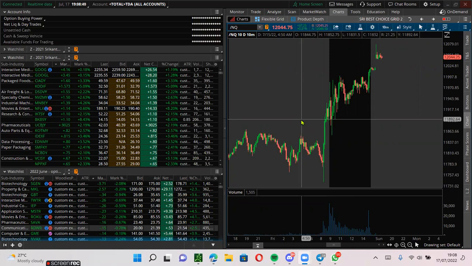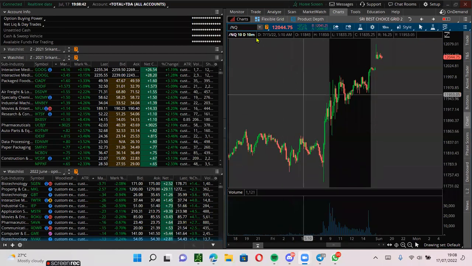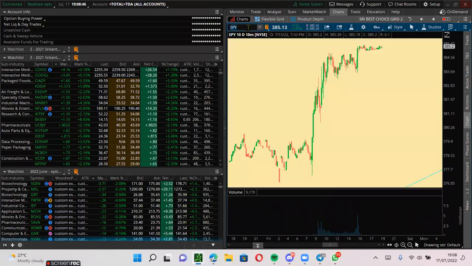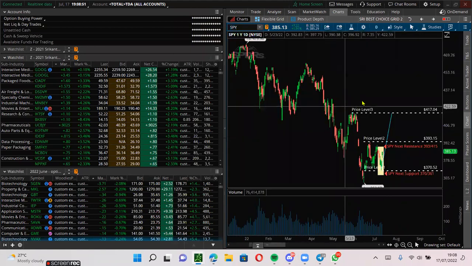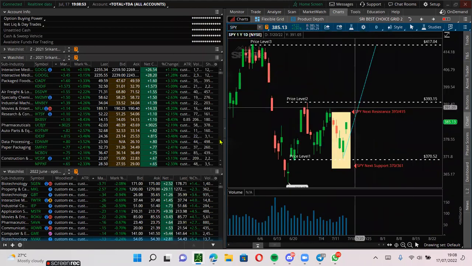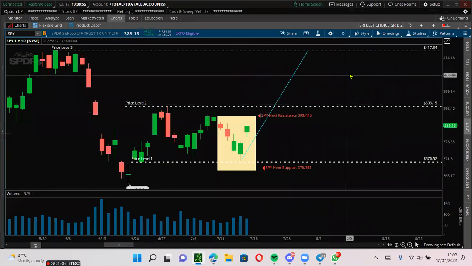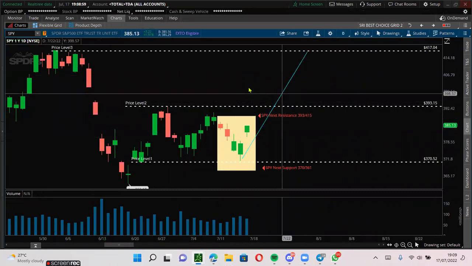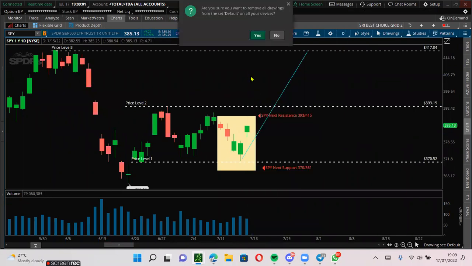With that, I wanted to get started with a simple chart setup, how to do the analysis for this coming week. I kept this chart pretty clean, and I'm going to clear the drawing set here.